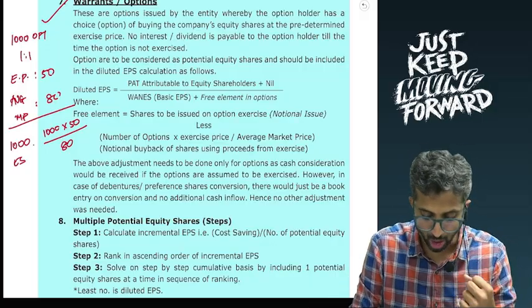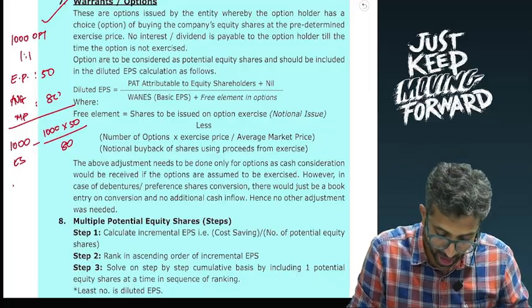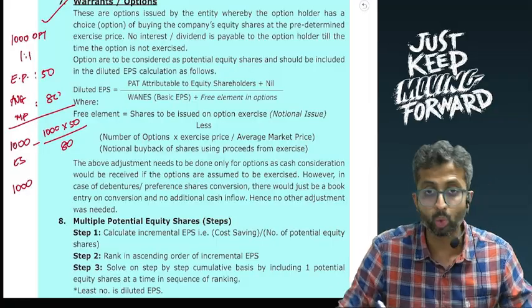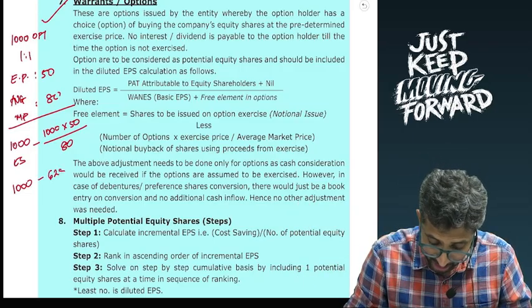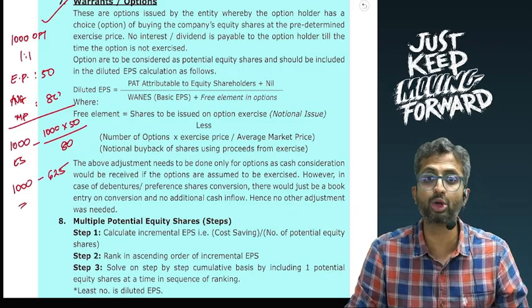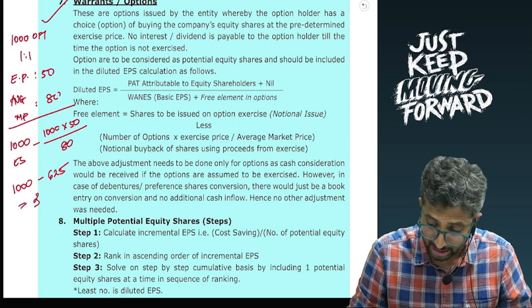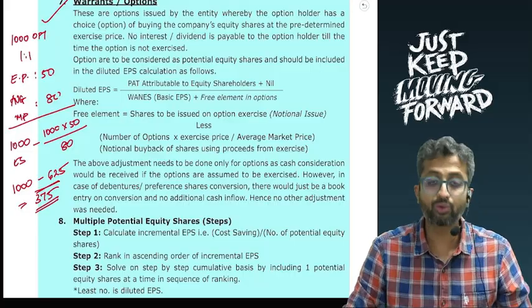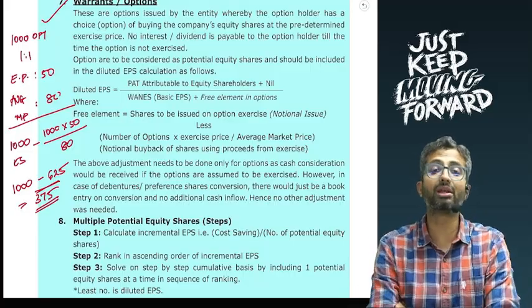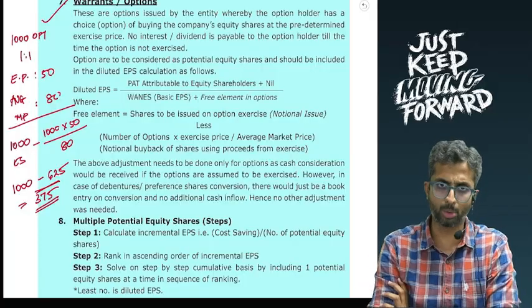And hence, all said and done, I will issue 1000 shares, so my denominator will increase by 1000, and I will buy back 625 shares, so my denominator will reduce by 625, and hence net there are only 375. These are called incremental or free shares that will be included in the diluted EPS calculation in the denominator.